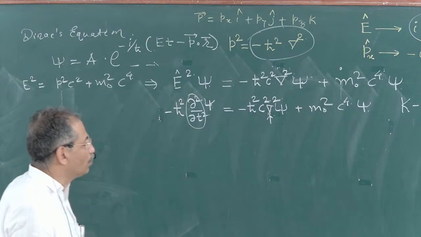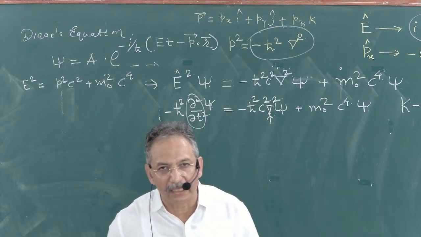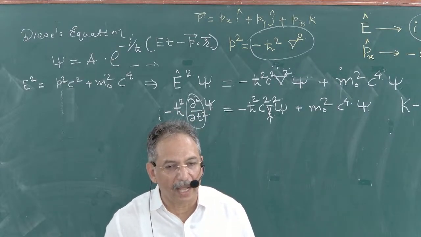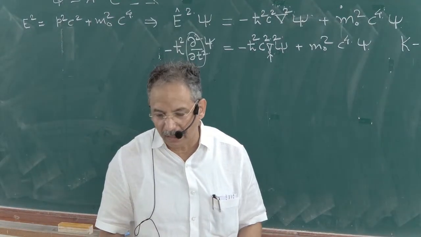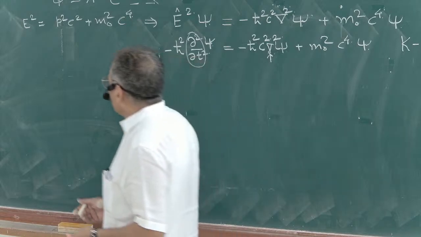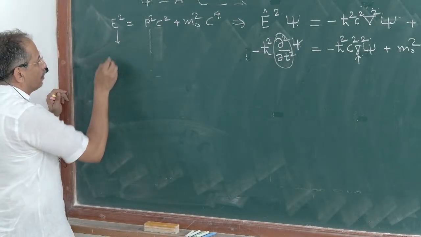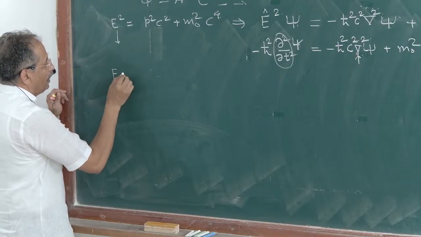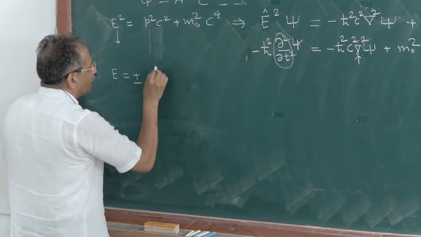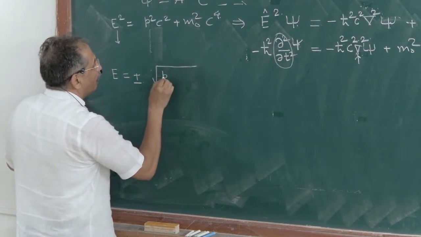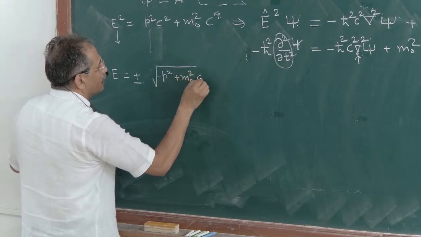So Dirac used a wonderful idea, and the objective of my lecture today is to tell you that idea which made him go up to the Nobel Prize in physics. Now what he did, he took the square root of this equation. So E is equal to plus minus under root of p square plus m0 square c square.